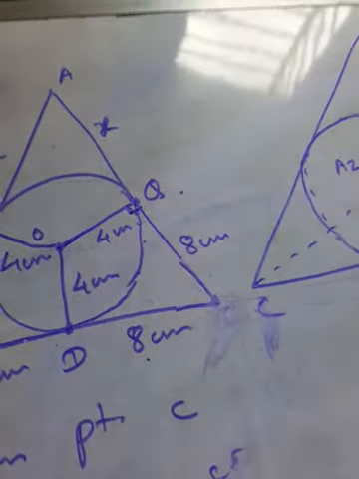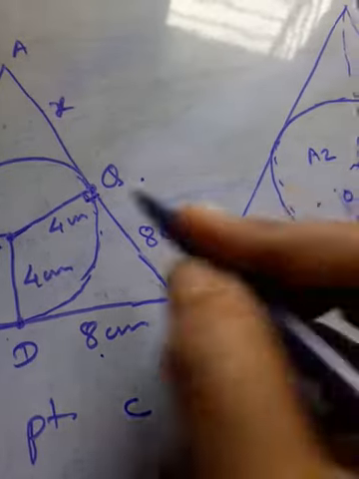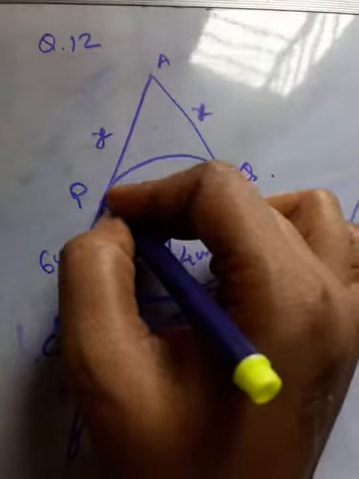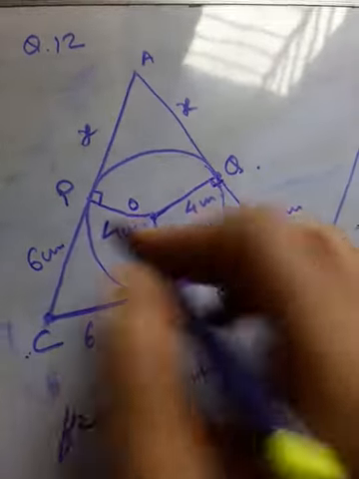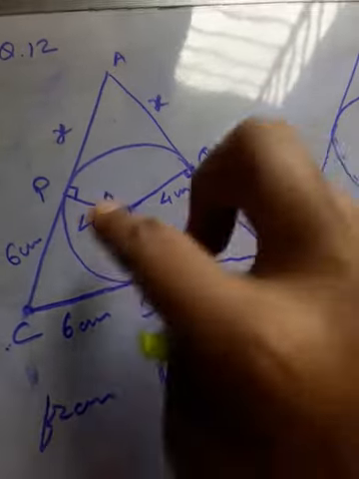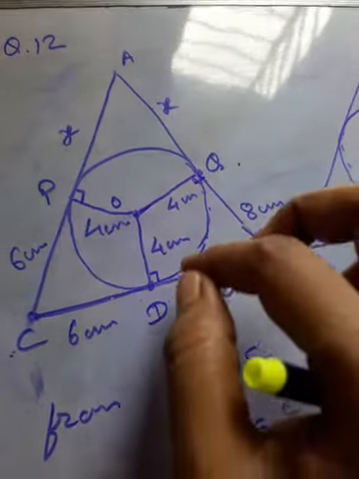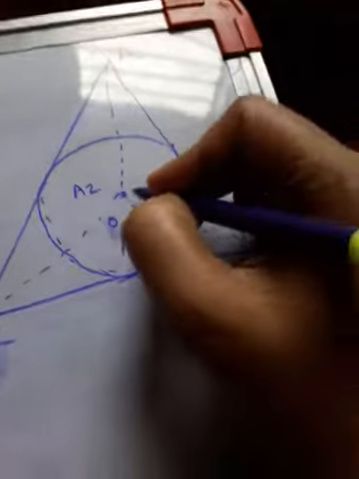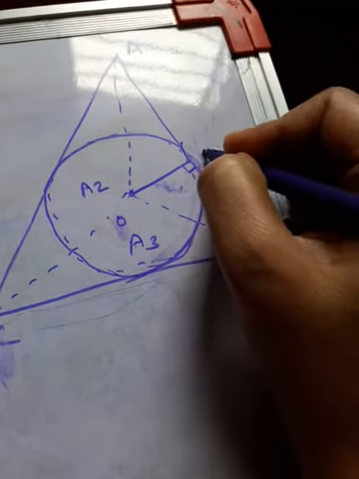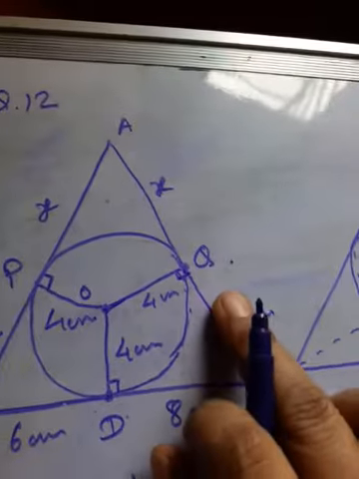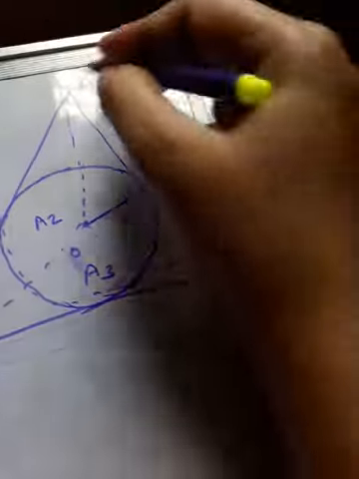So angle at Q is 90 degrees. Same here, D and P are also points of contact, so these are also 90 degrees. That means OQ, OD and OP are the perpendiculars, the heights of these three triangles. This OQ is the height of triangle AOB.